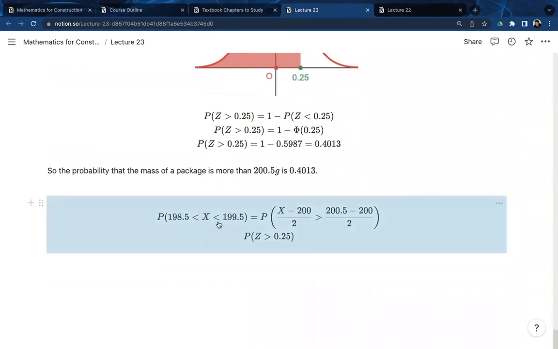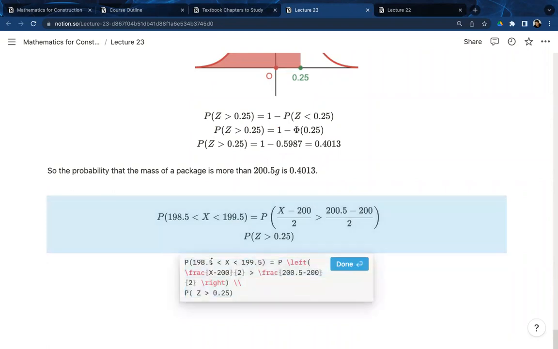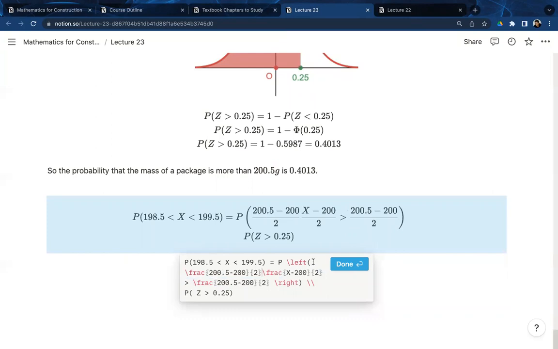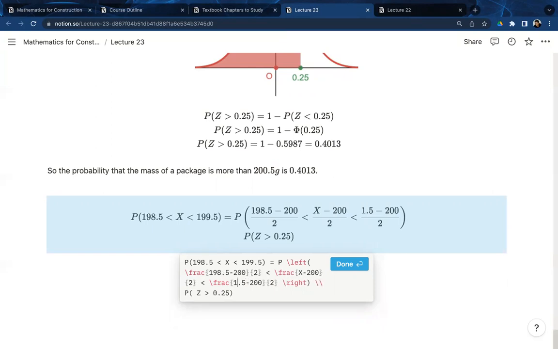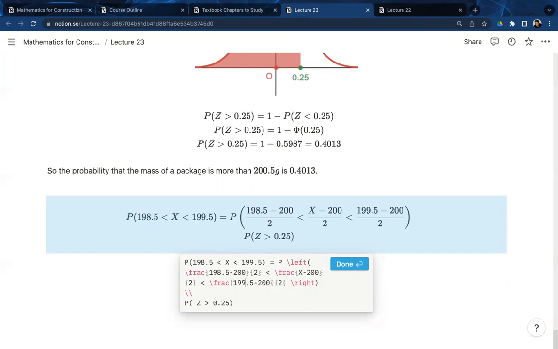So there's the inequality here. X is between these two things. Let me write this out now. It will look a little messy. So this is 198.5 minus 200 over 2, and this is 199.5 minus 200 over 2.